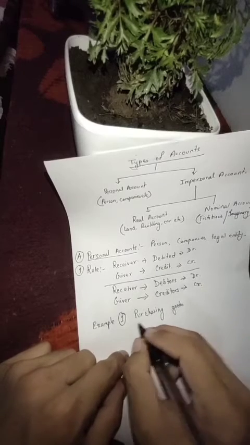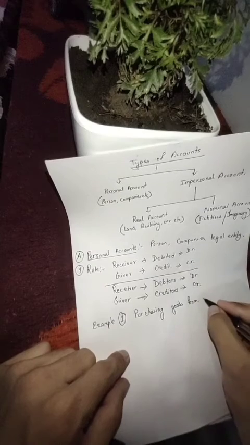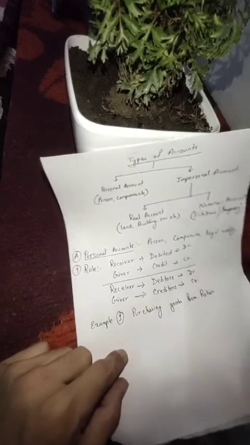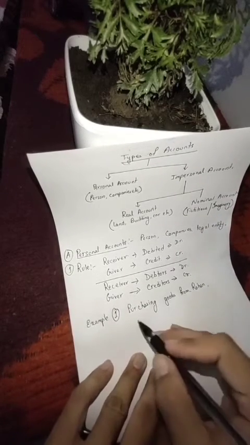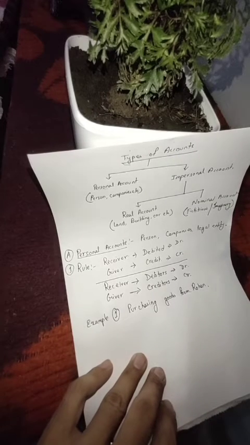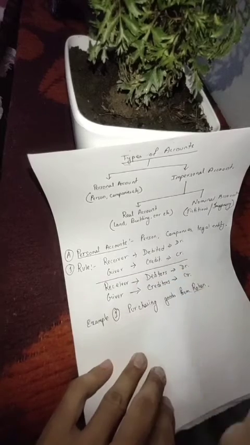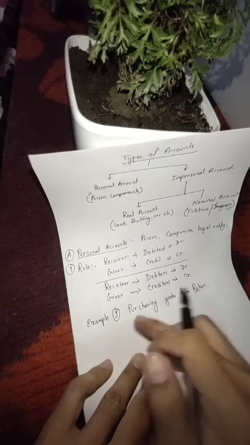So for your understanding, I'm writing purchasing goods from Rohan. Okay, so we need to understand that in this transaction there is only one personal account, that is Rohan. Rohan is a person, and a person is included in personal account. So Rohan is the only personal account in this transaction.